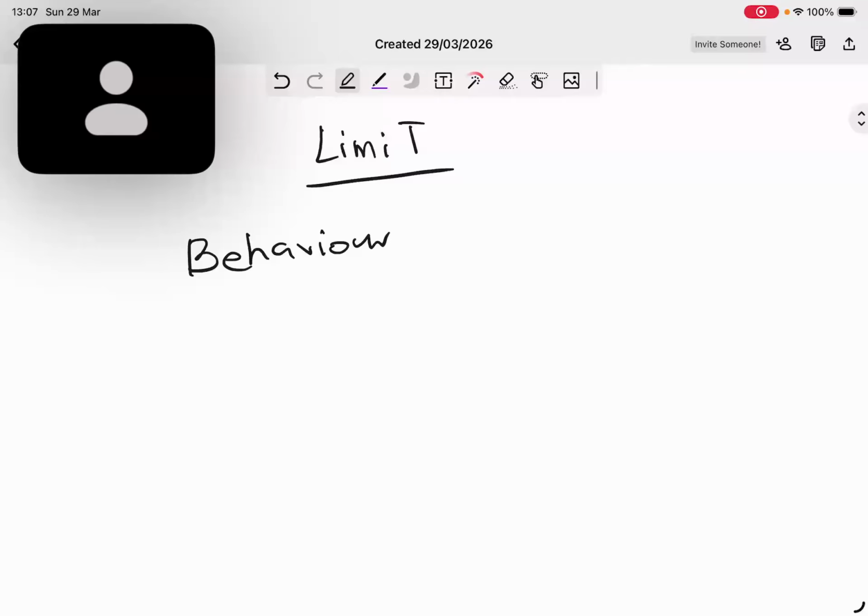Now, there are two limits that we are going to take under consideration. First is when the variable in it, which is x, is approaching a, and the other is when the variable x is approaching plus or minus infinity. So when x is approaching a, we say that we're looking at the behavior of the function as x is approaching a point.